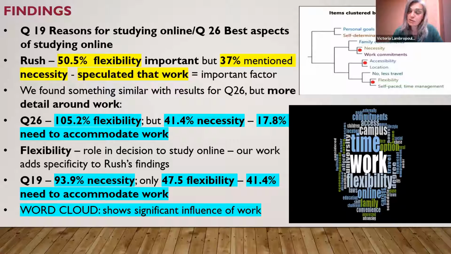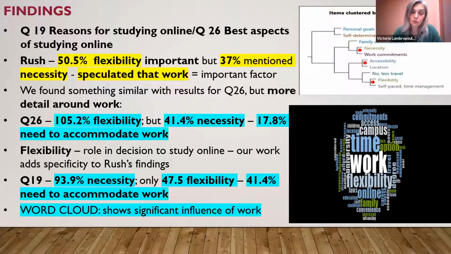In relation to necessity, Rush's work only speculated that it meant work commitments. There was no real hard data to say that. This is where this study is very important, and I'll speak to that in a moment.